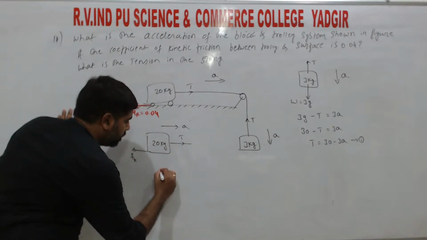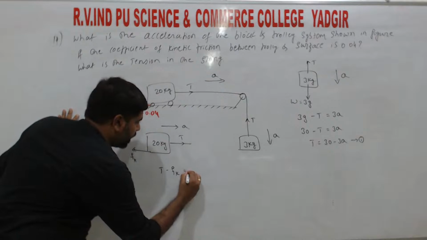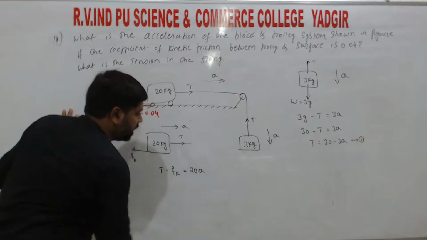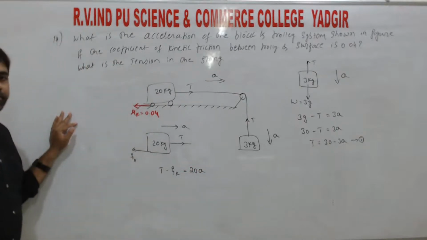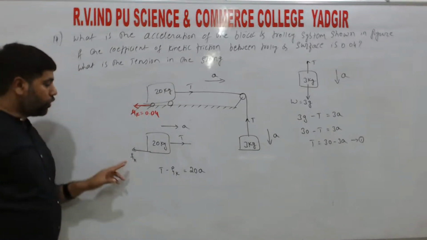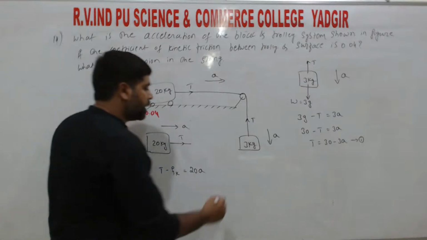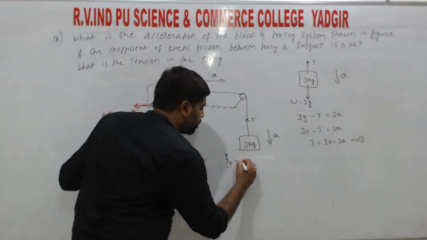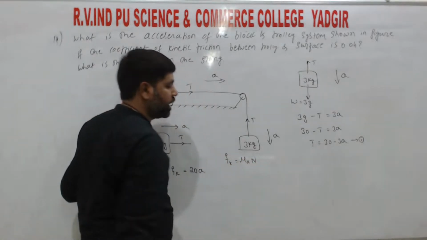So here T minus Fk is equal to 20a, right? Fk, that is the force of kinetic friction, right?